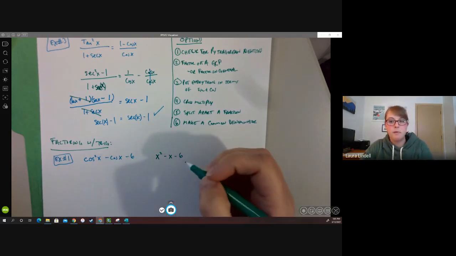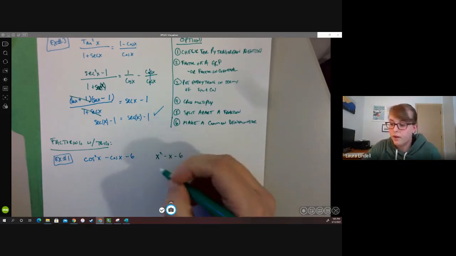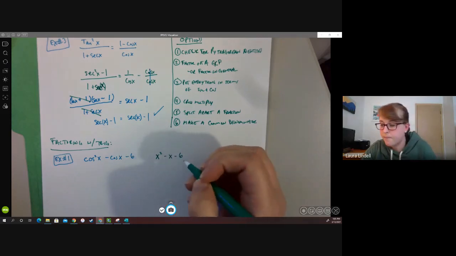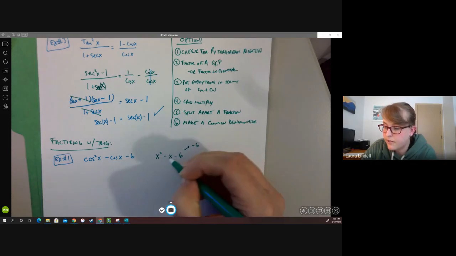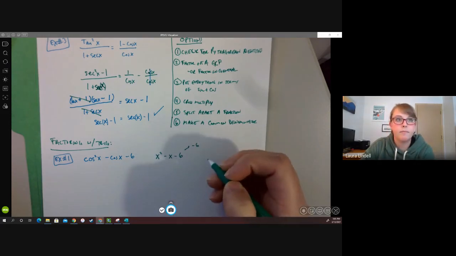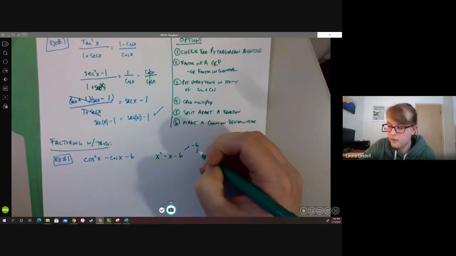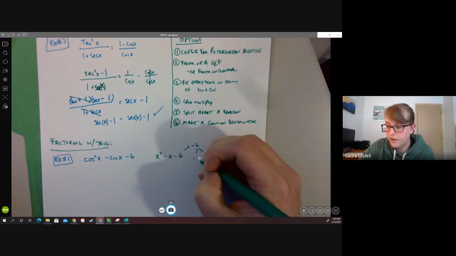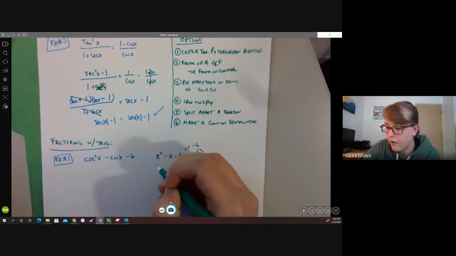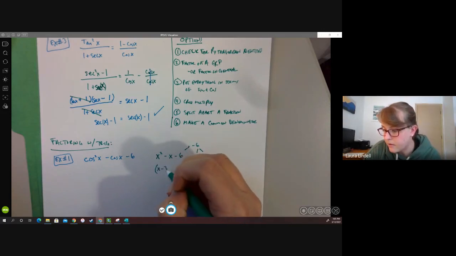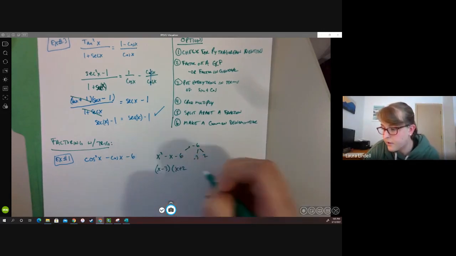So if you can remember how we factored before with quadratics and whatnot, we're looking for things that multiply to -6 and add to -1. So that would be -3 and 2. And then if I was factoring this, we would get x minus 3, x plus 2.